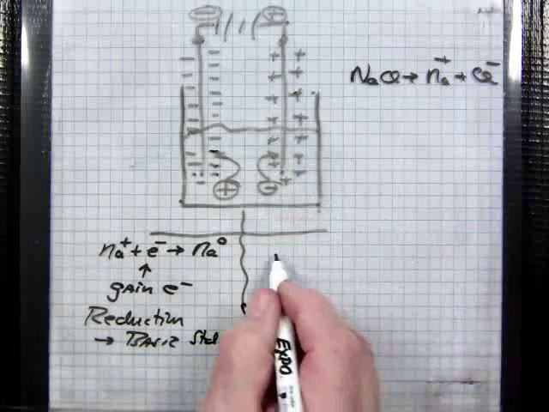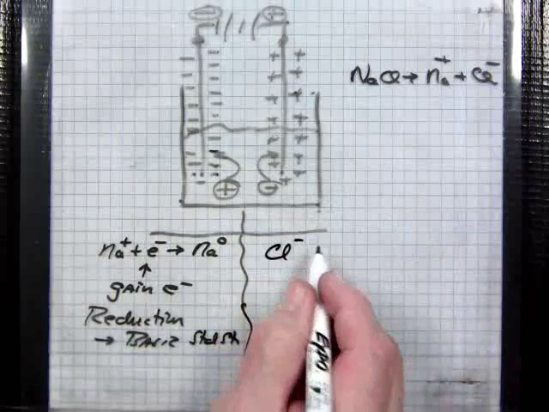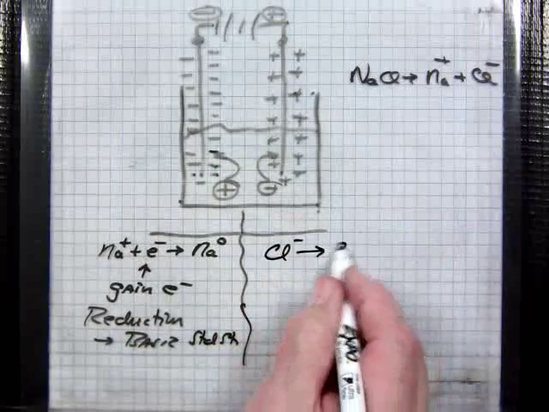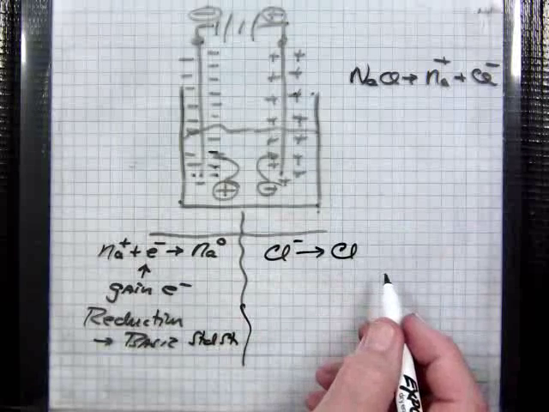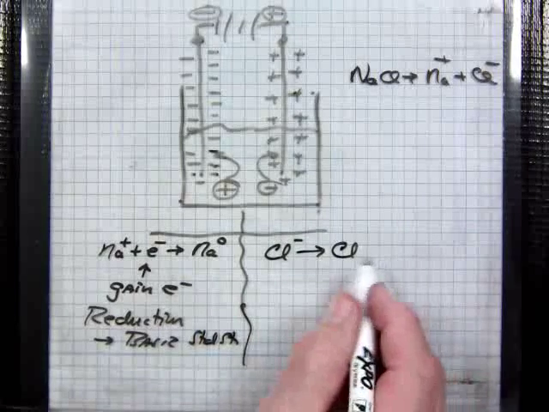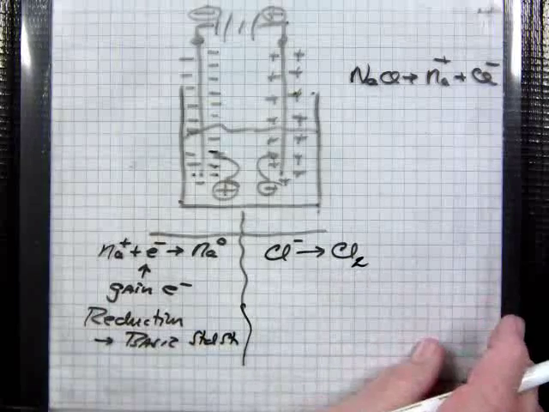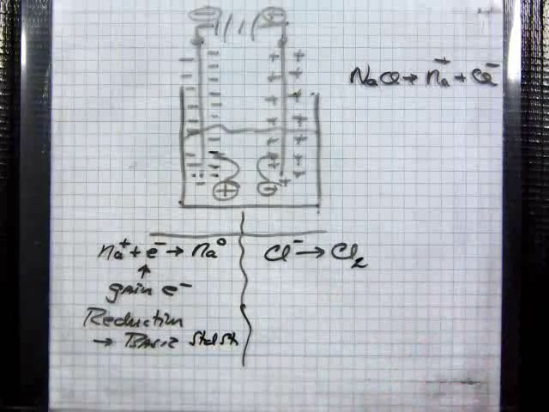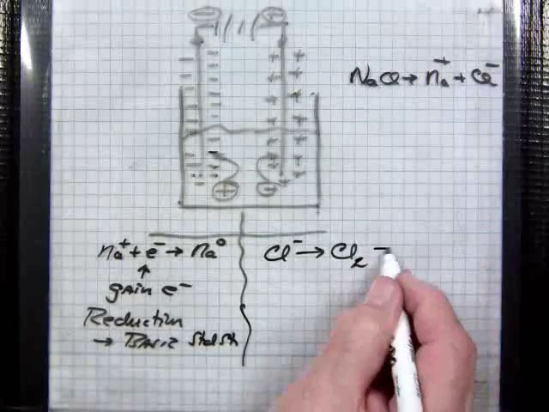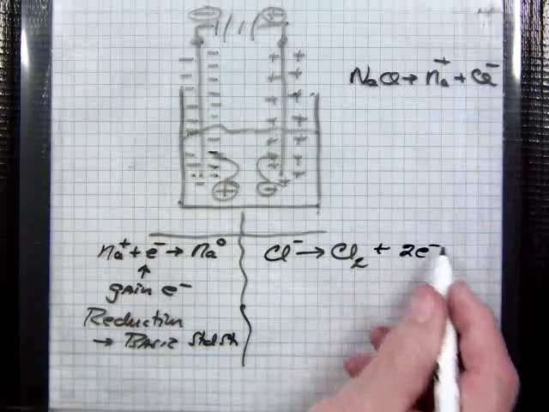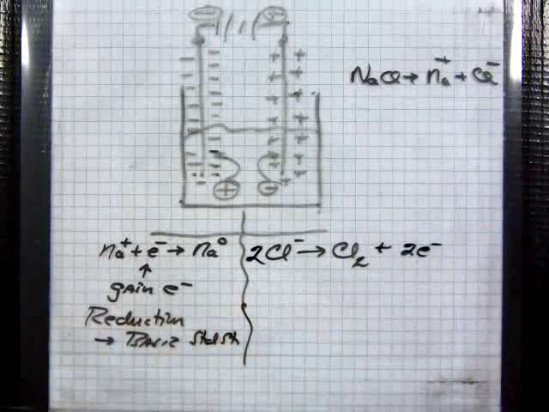So we see the chloride right here goes to chlorine. When we write chlorine in this equation, it's called a half reaction, but we still have to use the diatomic form because that's its basic standard state, and include 2 electrons and balance it over here with a 2.